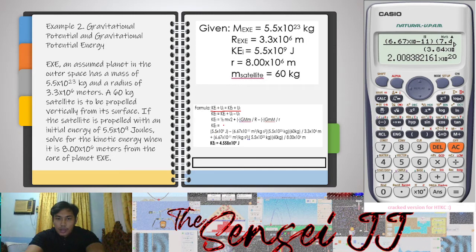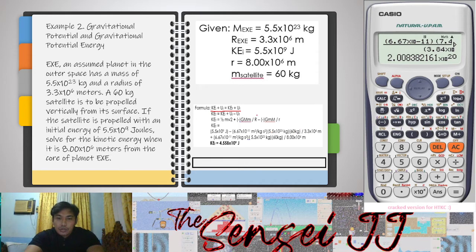Substituting the values, 5.5 times 10 raised to 9 joules minus 6.67 times 10 raised to negative 11 for our constant, which is in cubic meters per kilogram second squared, times 5.5 times 10 raised to 23 kilograms times 60 kilograms.